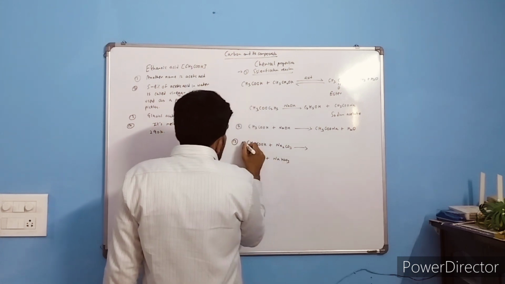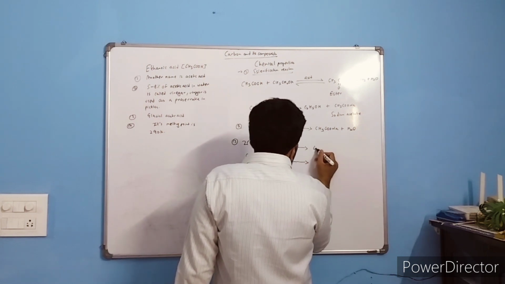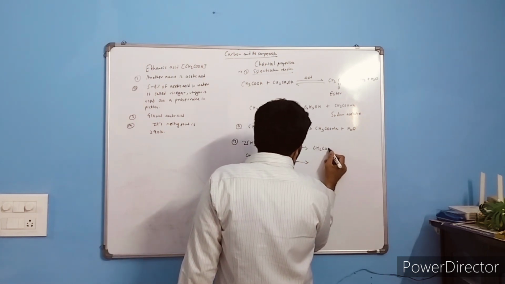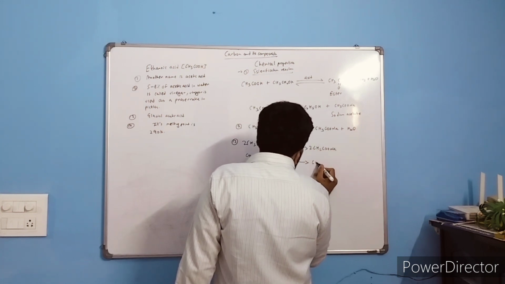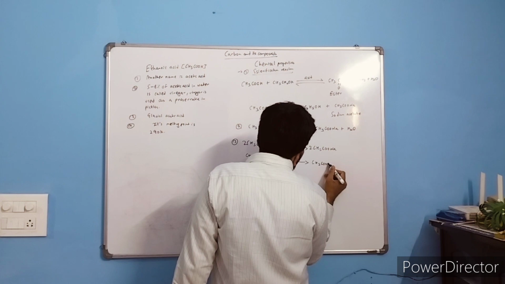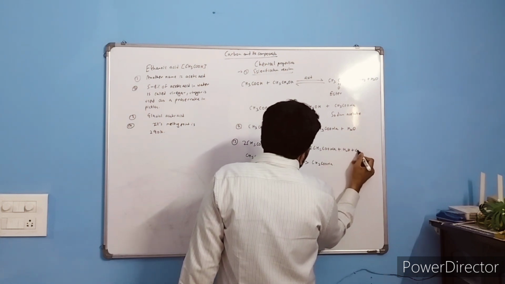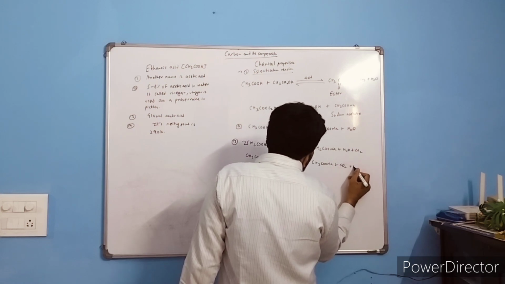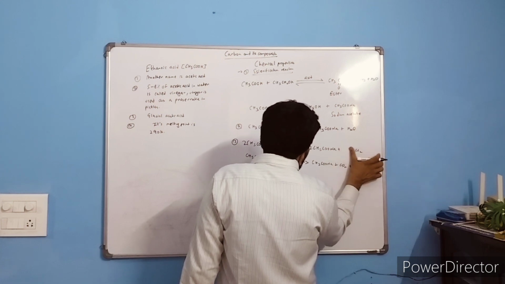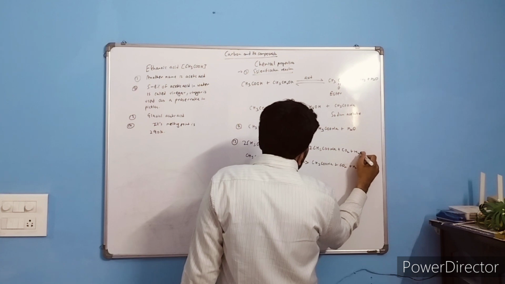Here you will get CH3COONa, and here also CH3COONa, plus H2O plus CO2. So here also we write CO2 plus water.